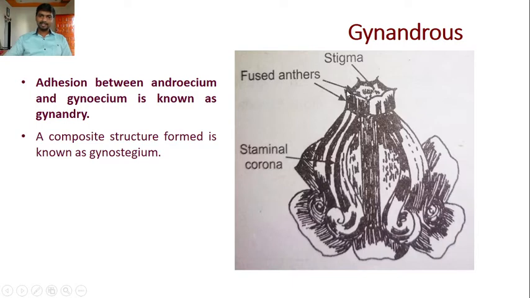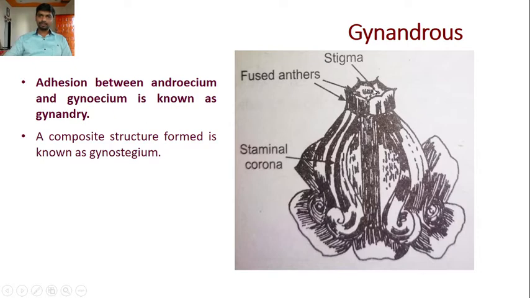The anthers are found in the form of sacs known as pollinia. So here adhesion between androecium and gynoecium is found in Calotropis. Due to this it forms a composite structure called the gynostegium, where there is a fusion of androecium and gynoecium.